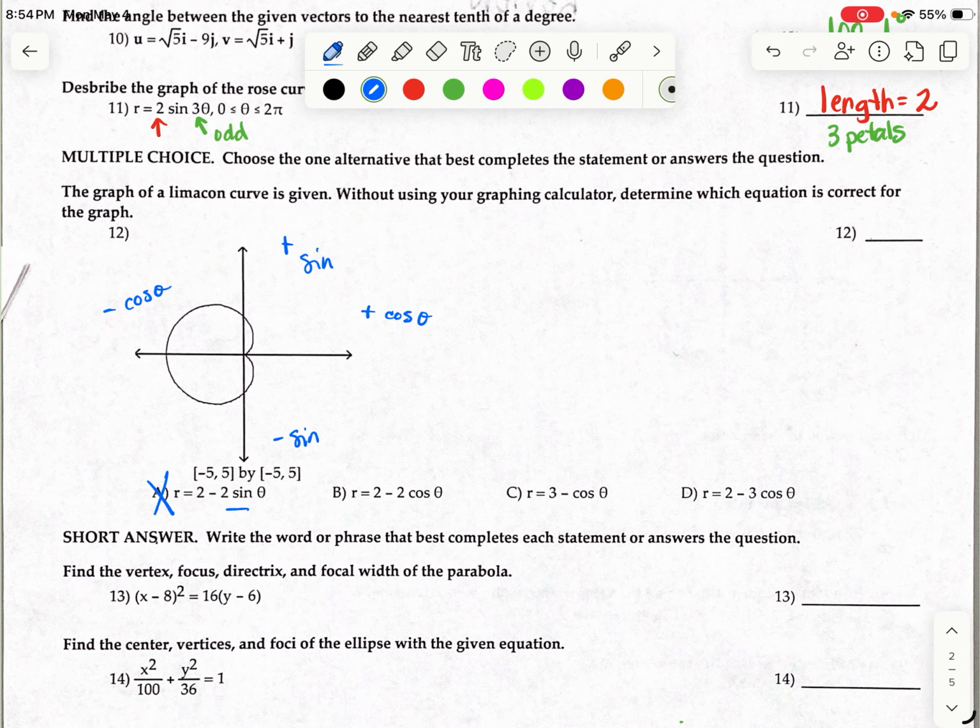Now, as far as the different kinds, remember there was one that was with a loop. There was one that was a dimple. There was one that was a cardioid. This one happens to be a cardioid. Because remember, it's got like that little V shape to it. It looks like a butt. So go back again and look at those rules, because these numbers right here, that's a 1 technically, and a 2, the 3, right?